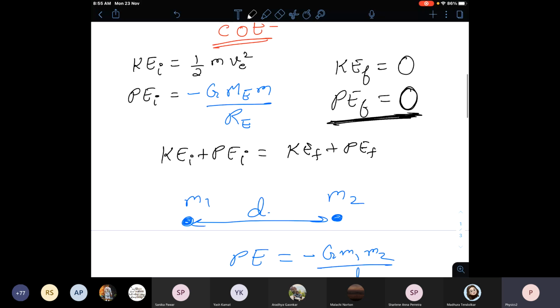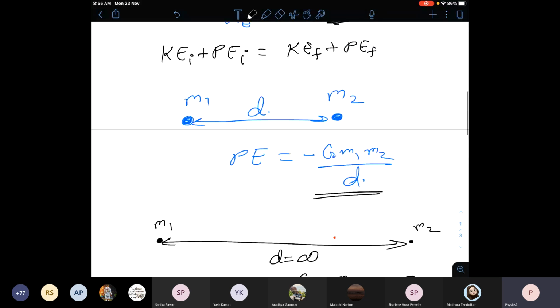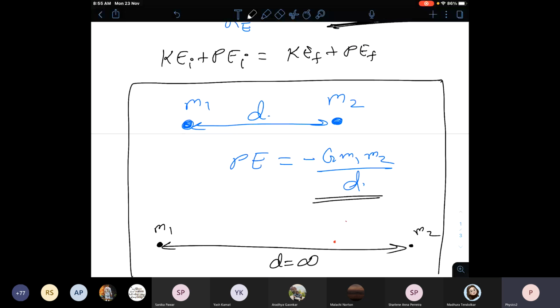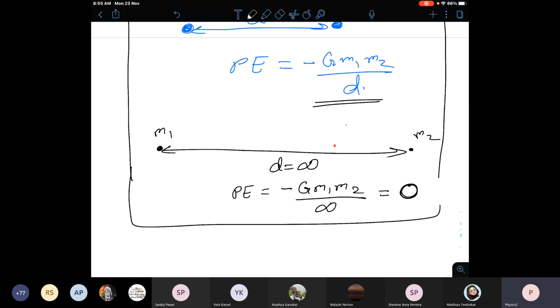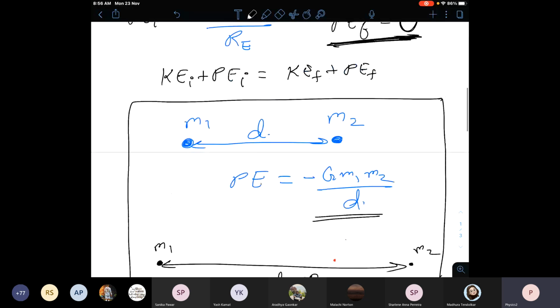How? Just see here. This is extra, if you don't want to write it, you can leave this part, or write it in a bracket or some other space. Don't break the continuity of the escape velocity.